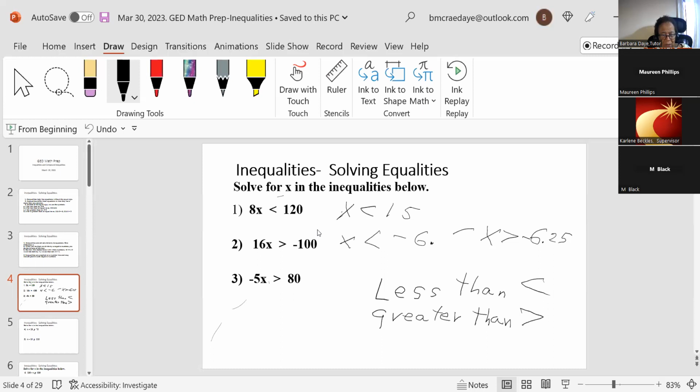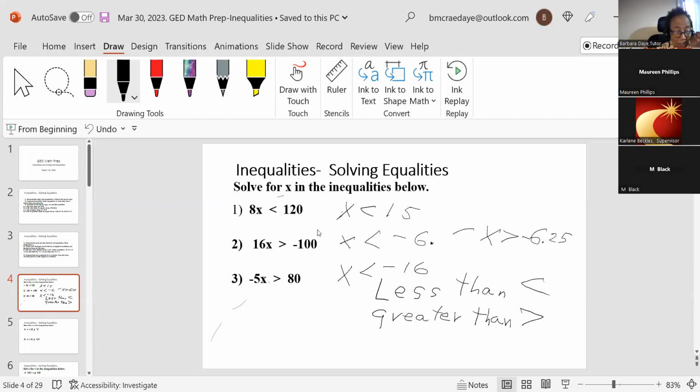Now, Maureen, what do you have for number 3? I had x is less than 16, but 80 divided by minus 5 is a minus 16. I didn't even think about the minus there. I gotta remember that.